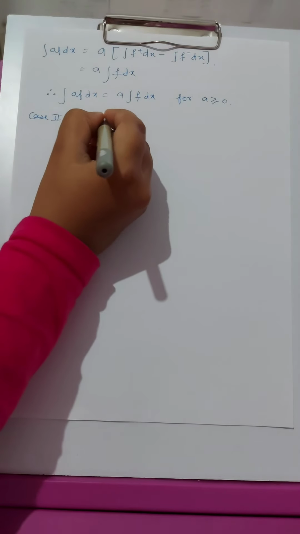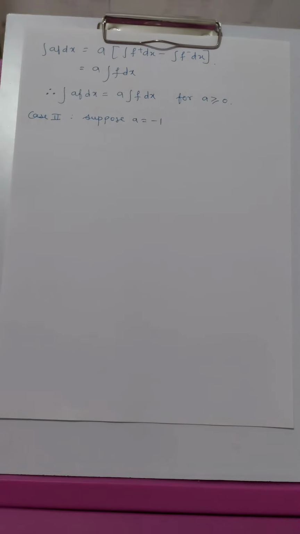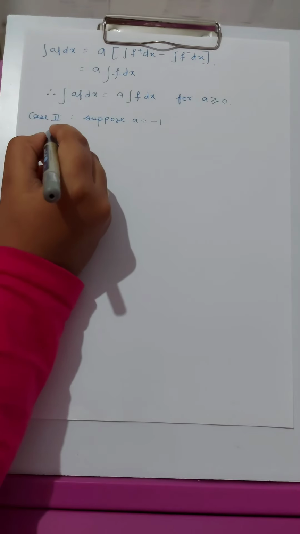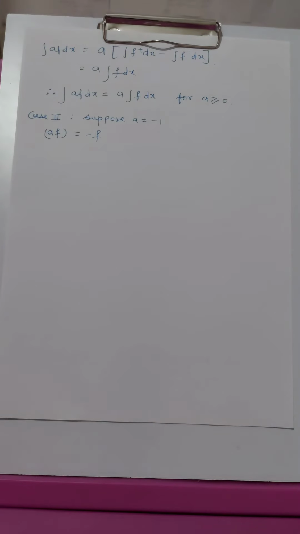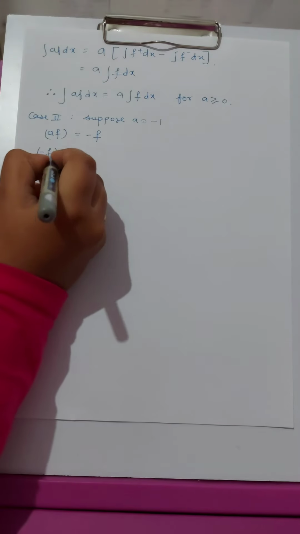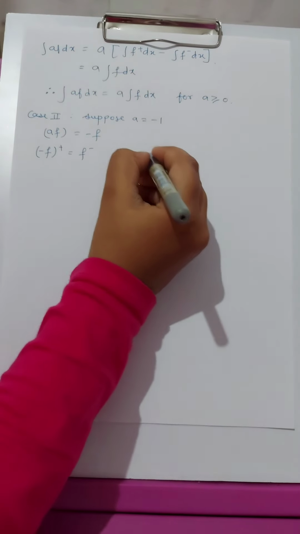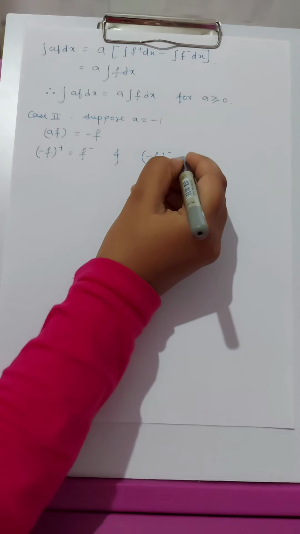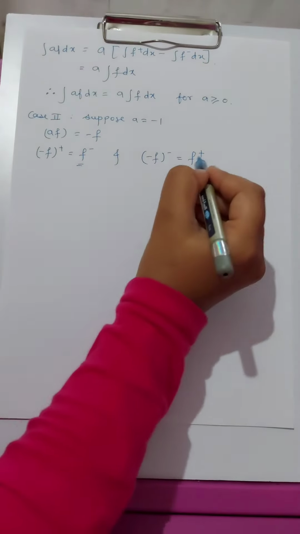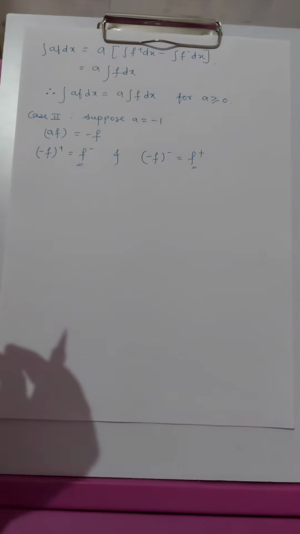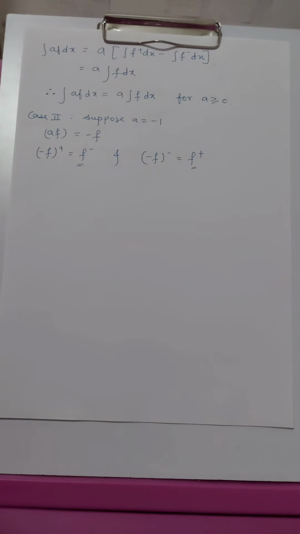Suppose a is equal to minus 1. Then this a into f becomes minus f. Now the positive part of this function is equal to f minus, and the negative part of this function minus f is equal to f plus. Now we know that this f minus and f plus are negative and positive part of the function f, which is already given integrable.